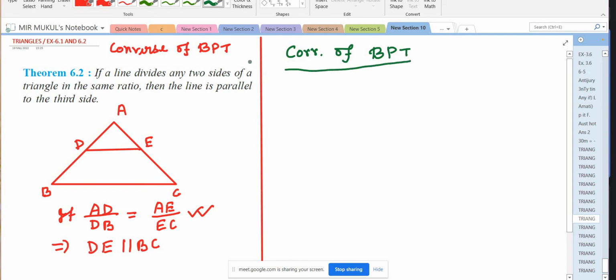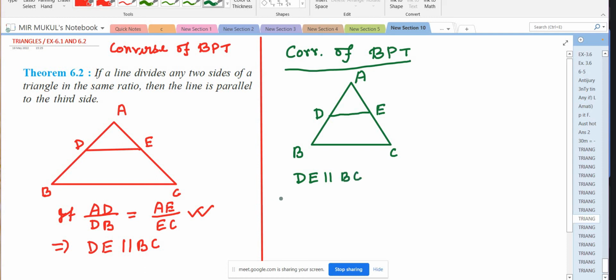Sometimes we have to use this also. So according to this corollary of BPT, suppose ABC is a triangle and DE is parallel to BC. That means here it is given DE is parallel to BC.